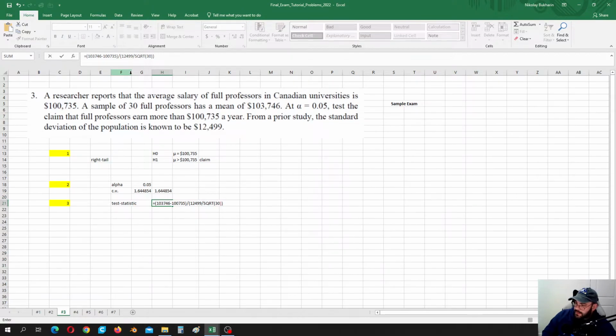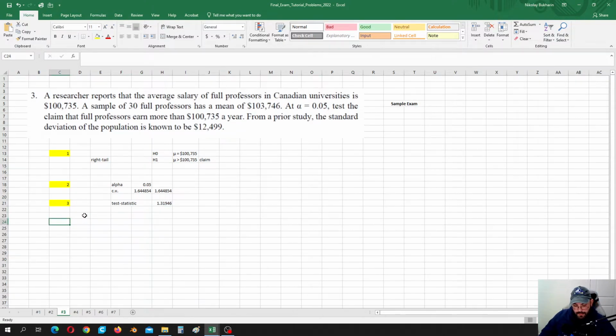Our test statistic is equal to 1.32, so we are out of the critical region.